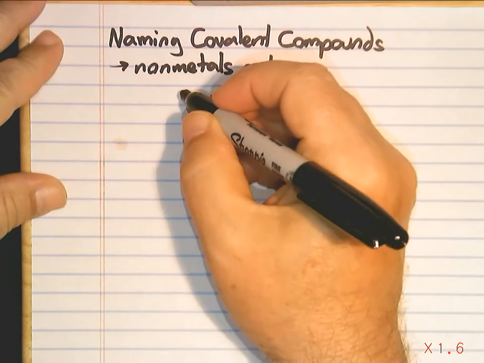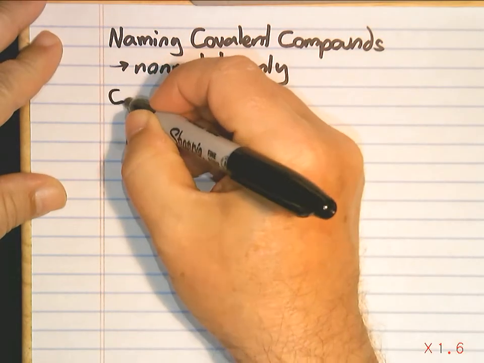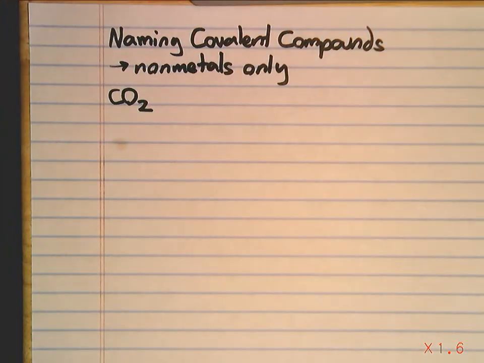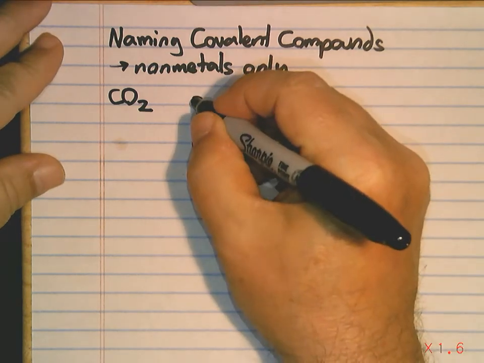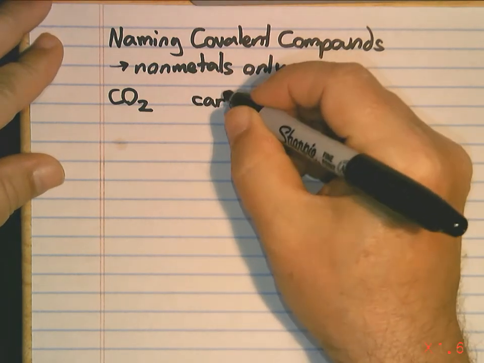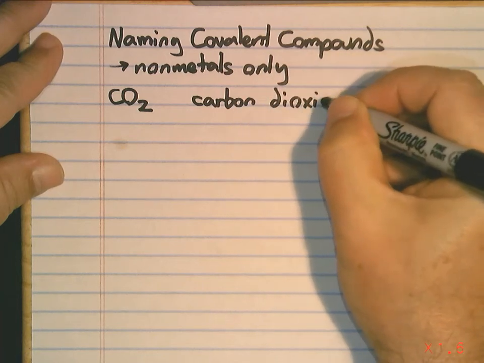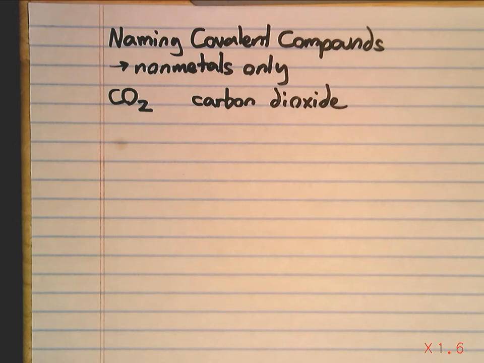The name for a compound like CO2, now that's a covalent compound. All you've got is nonmetals. The name for a compound like that looks like this. You probably already know. Let's look at that name for a minute.